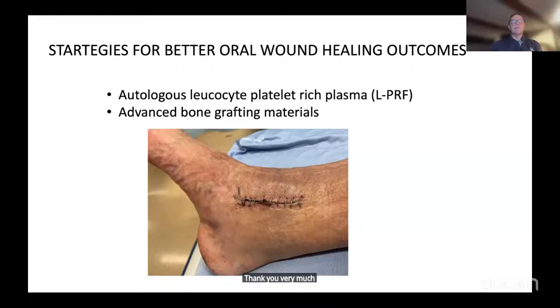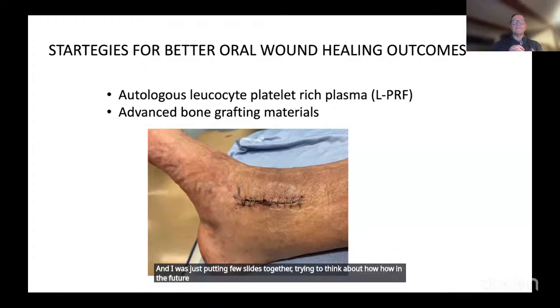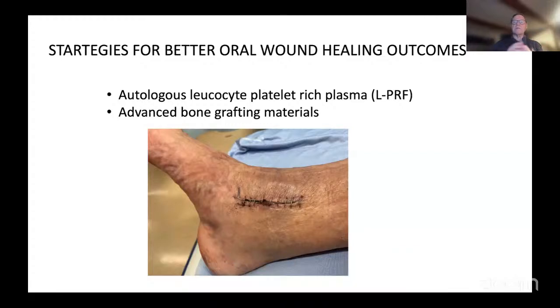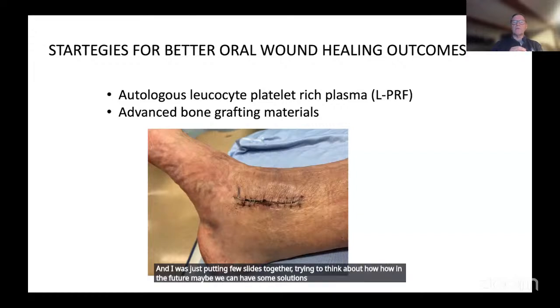So this will be the last session for the course, and I was just putting a few slides together, trying to think about how in the future maybe we can have some solution for better wound healing outcomes in the oral cavity and maybe somewhere else as well.